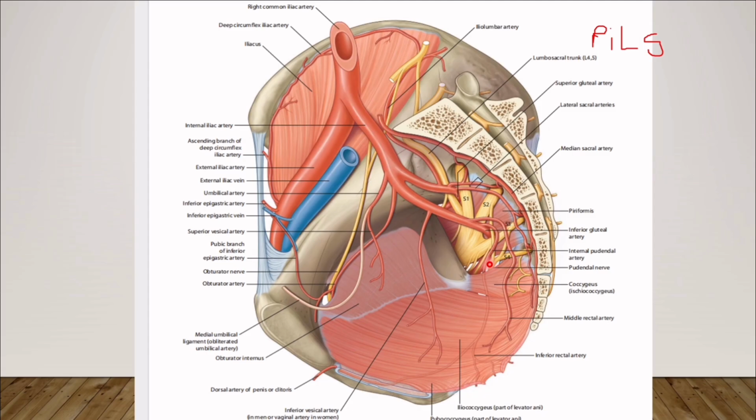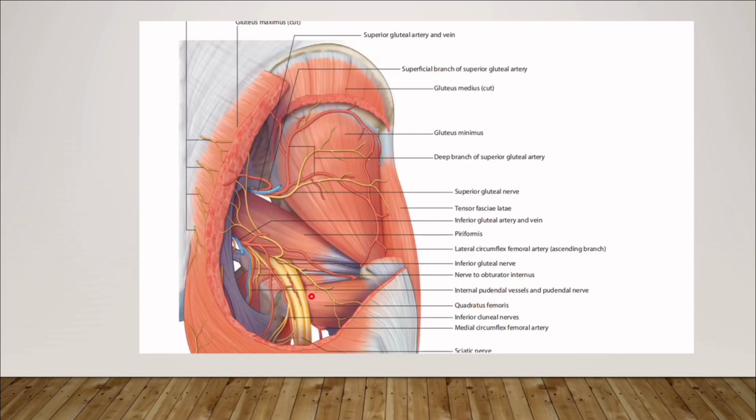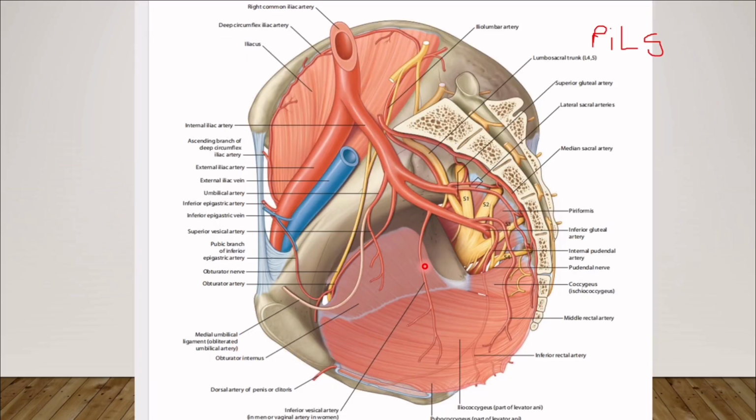Good. Then another one is the internal pudendal artery. So it exits the true pelvis via the greater sciatic foramen. Then it enters the perineum via the lesser sciatic foramen. So this one will supply structures in the perineum.